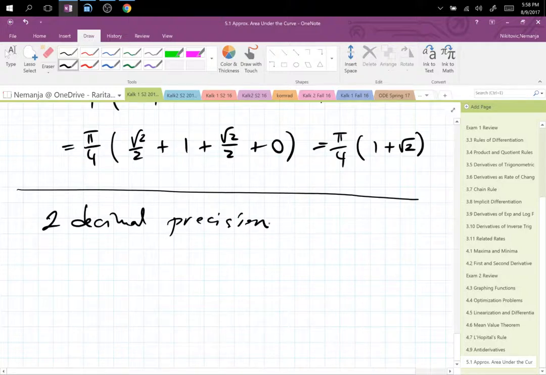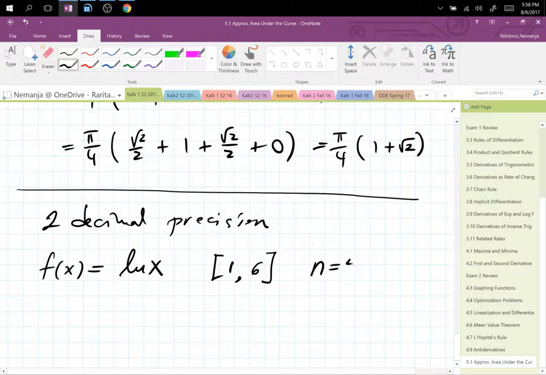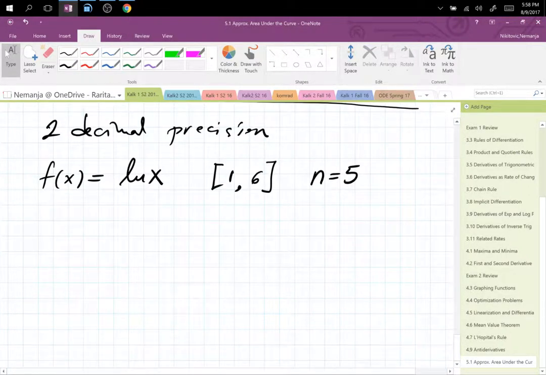We are going to use the function ln(x), interval 1 to 6, with 5 rectangles. And at 2 decimal precision, you will have to use the calculator to do the ln for most of these. Let's see what you get.